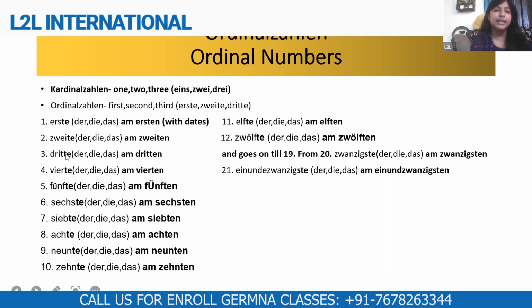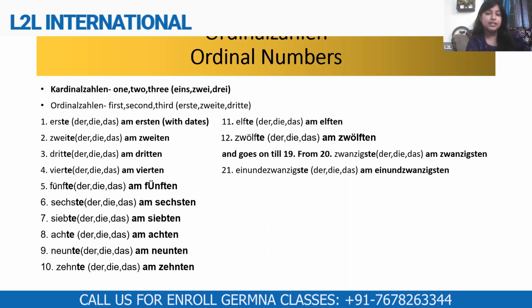Then the second one is zweit. We have zwei. It is zweiter. Dritter. Vierter. From vier, it is 4, 5, 6, 7, 8, 9 and 10. So erster, zweiter, dritter, vierter, fünfter, sechster, that is 6th, siebter.